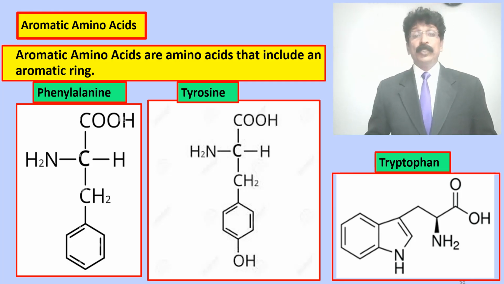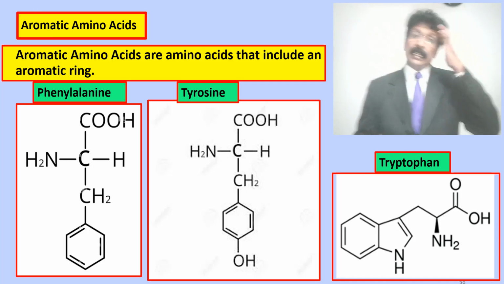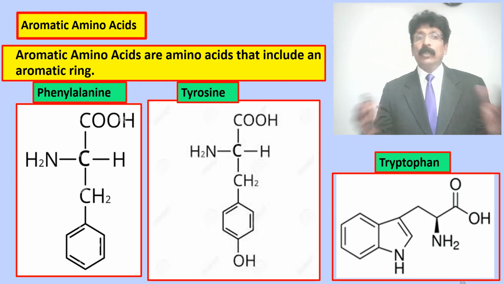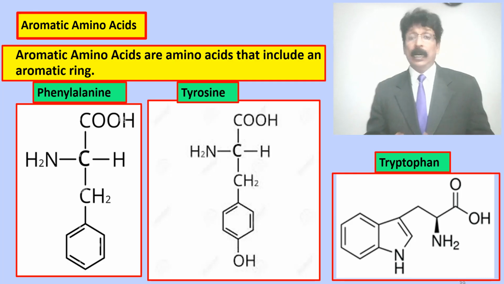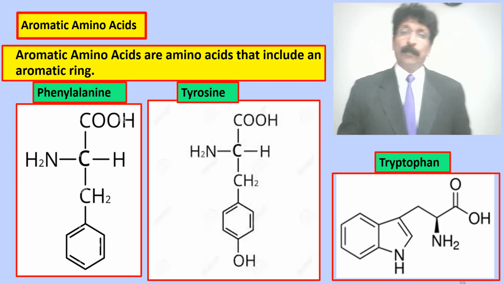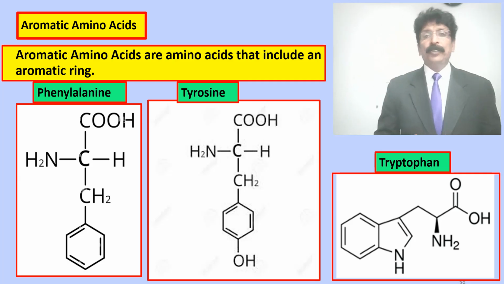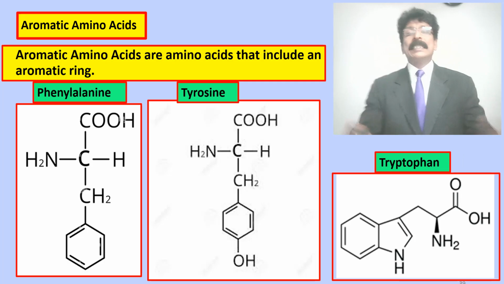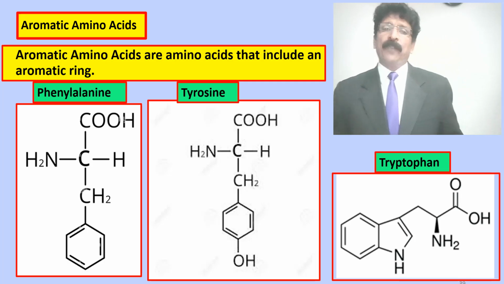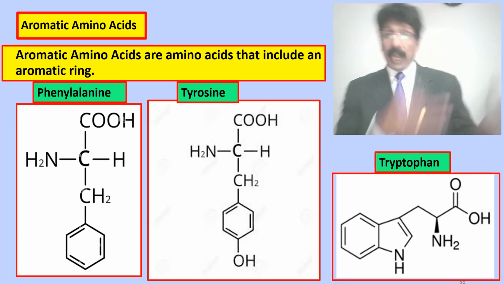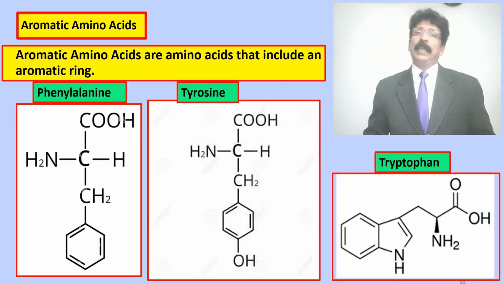There are other aromatic amino acids like histidine, but still we concentrate on these 3 aromatic amino acids. Once you know the structure of the compound, it will be easy for you to remember how the final product is formed from the precursors starting in the shikimic acid pathway.